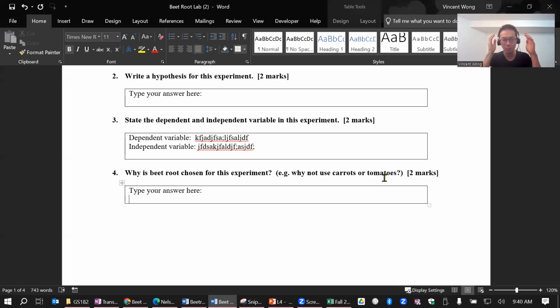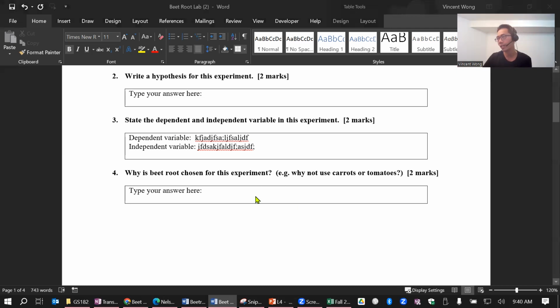Just as the person is preparing the beetroot, think of what would happen if you're using carrot, if you're using tomato. Are you able to achieve the same kind of outcome as you are observing in the video? Does that make sense? I hope it makes sense.